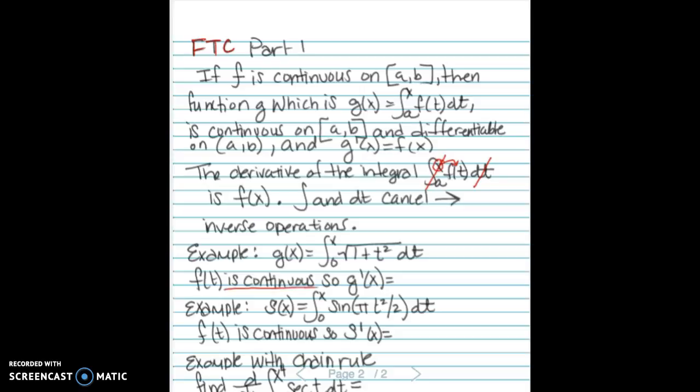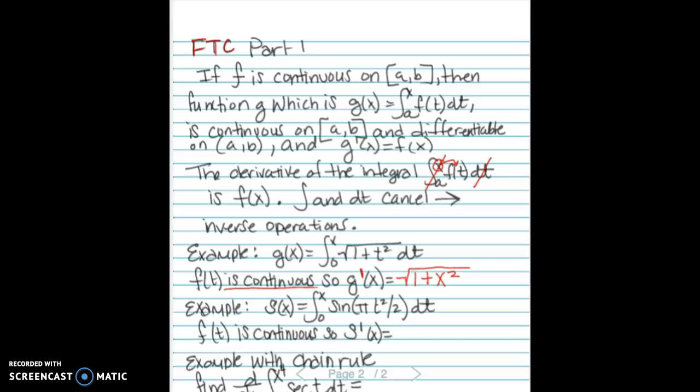Therefore, g prime of x, the derivative of g, is equal to the square root of 1 plus x squared. We replace the t with the x. We cancel the integration and the derivative symbol. And because we're taking a derivative, we would also take the derivative of the x that we replaced the t with, but the derivative of x is 1, so we're good.